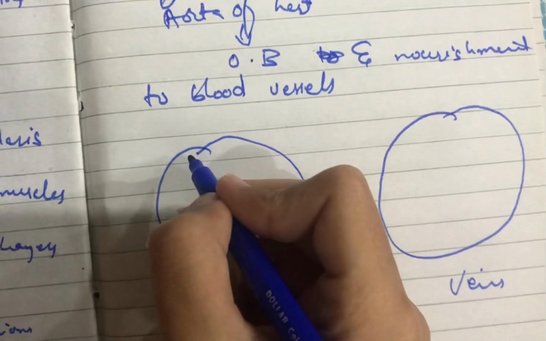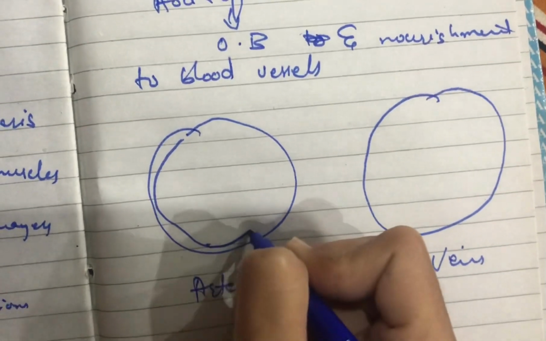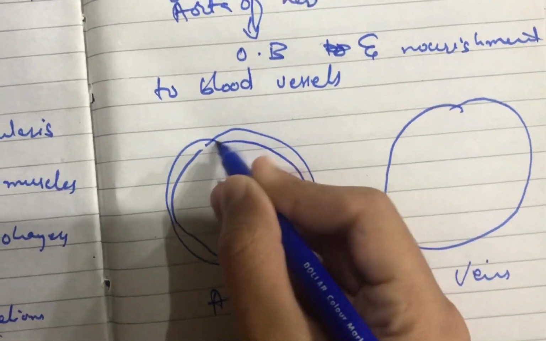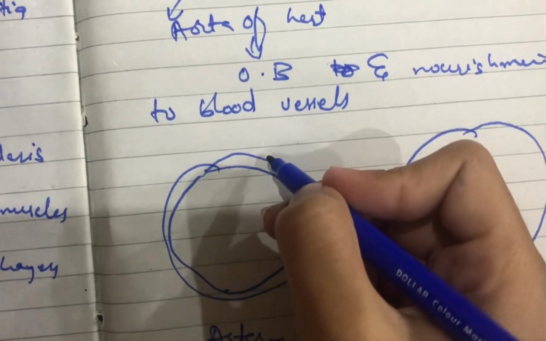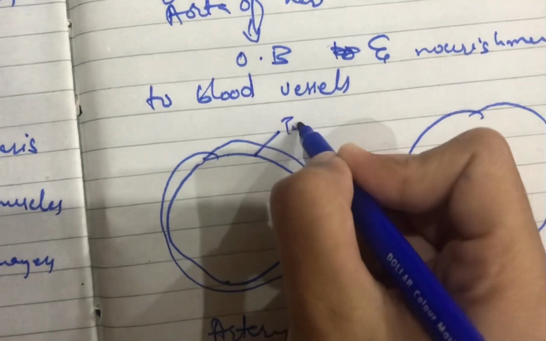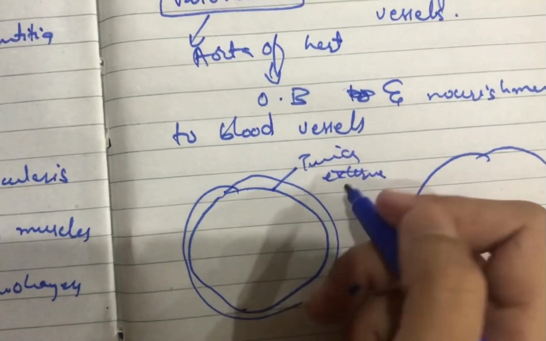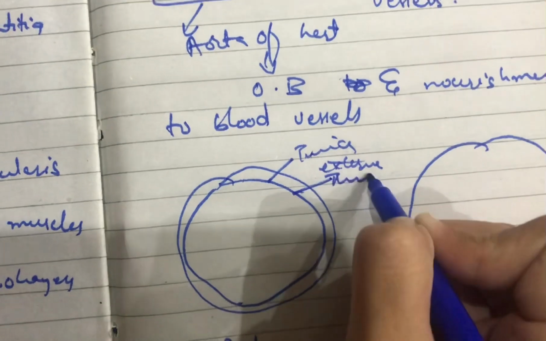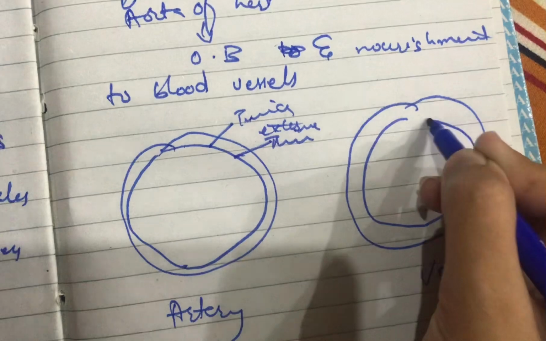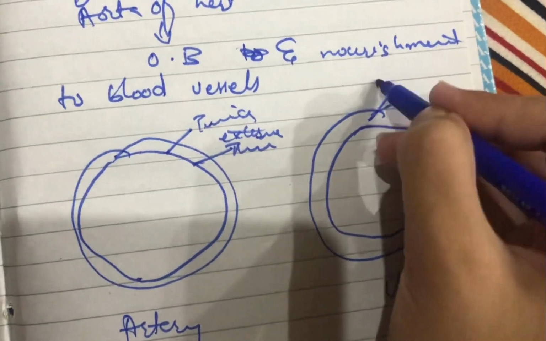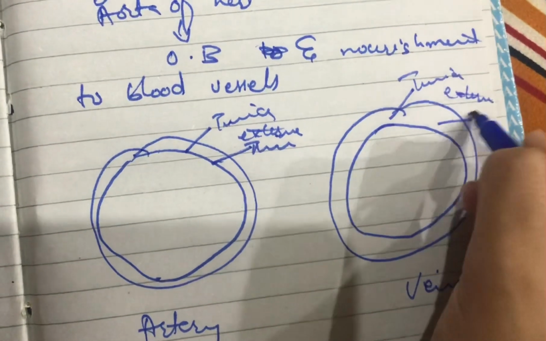So here it is tunica externa, and it is thin. And it is also tunica externa of vein, and it is thick.